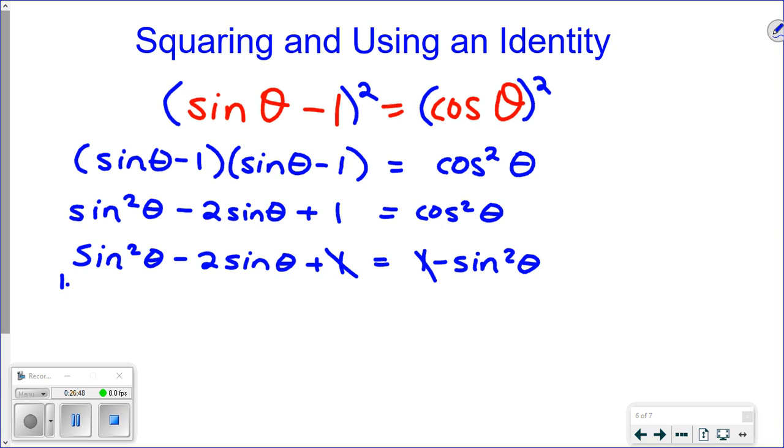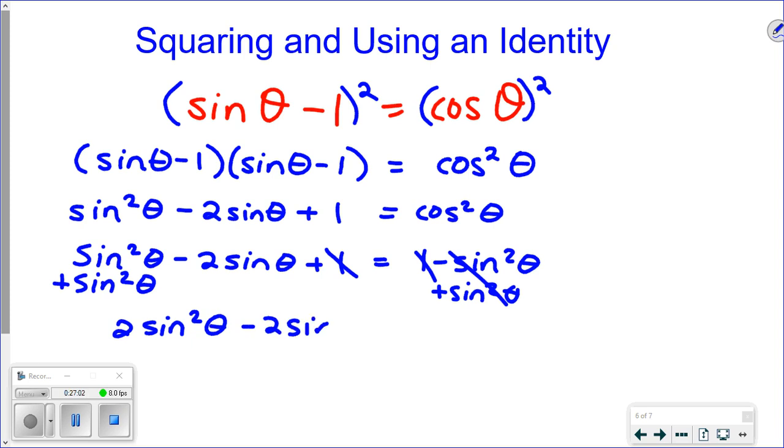And so if you end up adding sine squared theta plus sine squared theta, that'll give you 2 times sine squared theta minus 2 times sine theta equals 0. So this is one that we can factor by just taking out the greatest common factor. So if I'm looking at both terms, what's common to both terms is the 2 and also a sine theta.